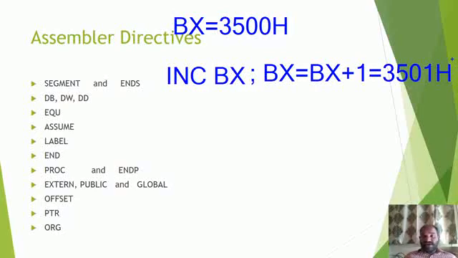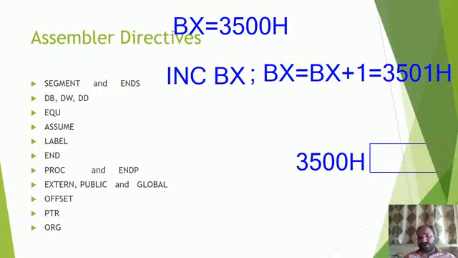Okay now, but let us suppose I would like to increment a value stored inside the 3500H memory location using the indirect addressing mode of operation. Now I am assuming that 3500H is a memory location. I am taking one box to indicate one memory location.